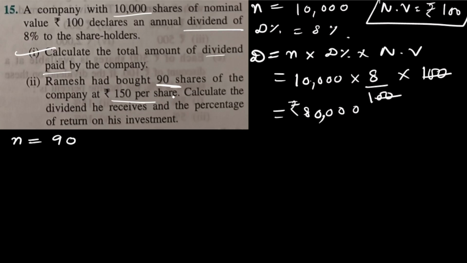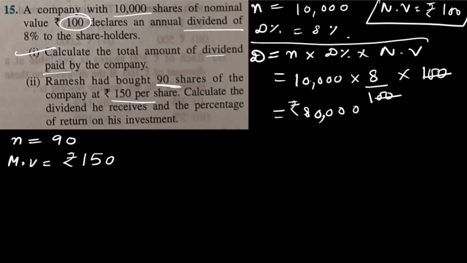Here don't get confused that here also share is written along with 150. No, its nominal value is given to us. That means at what price he has bought the shares, 150. So buying price is what? Market value. So 150 is the market value. Calculate the dividend he receives. So the dividend he receives we have to find, and the percentage of return.